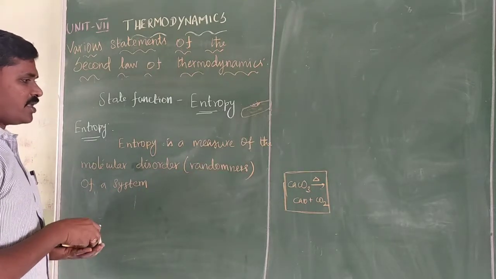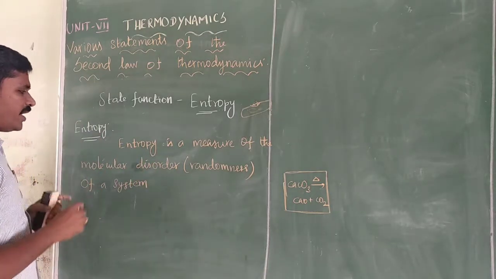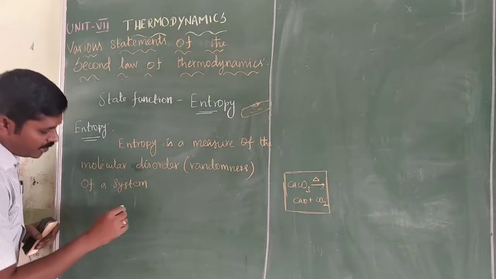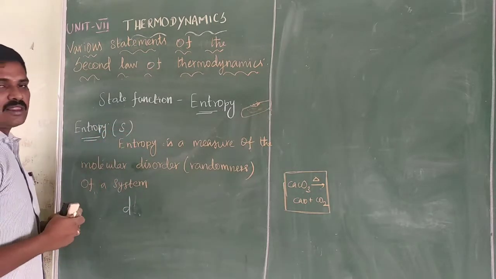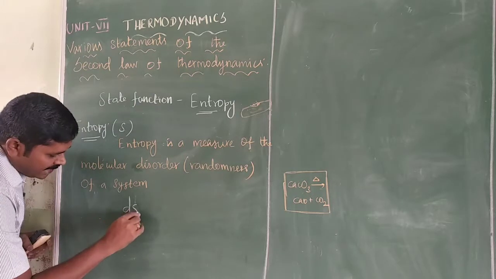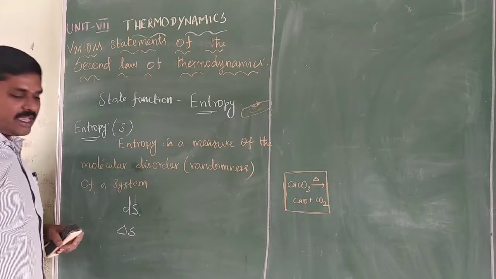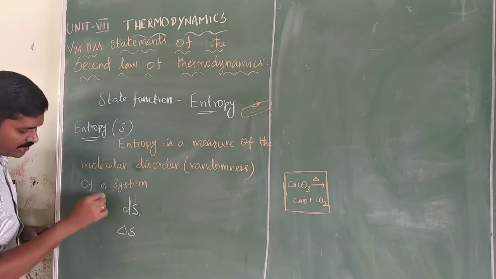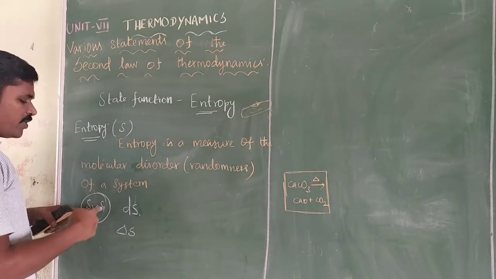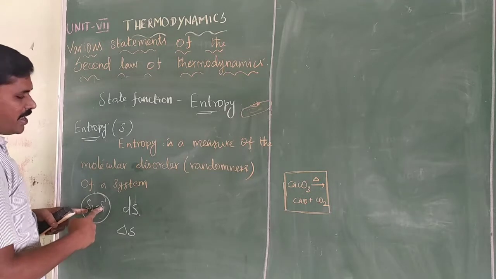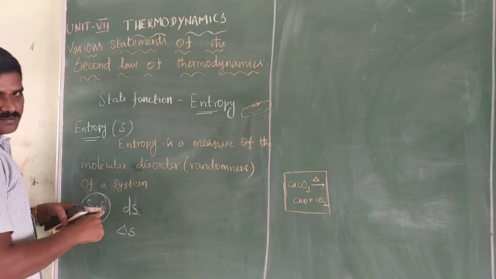In the thermodynamic definition of entropy change, dS, the entropy symbol is S. The entropy change is del S equals S2 minus S1, that is, after the disorder and before the disorder.